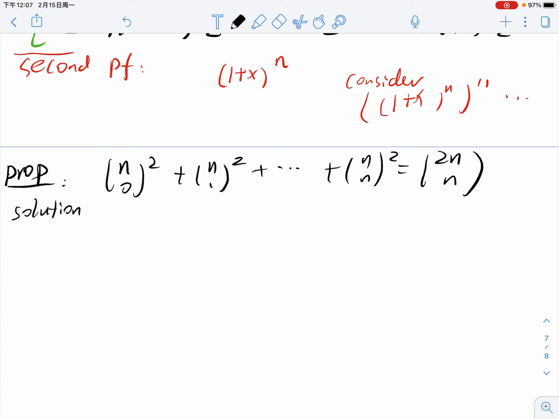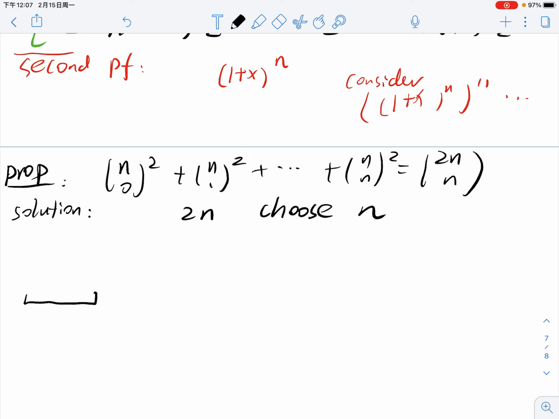And here, the combinatorial proof will be easier. Of course, by induction, I guess you can also derive a more rigorous mathematical proof. So, on the right-hand side, it's just a simple 2n choose n problem.